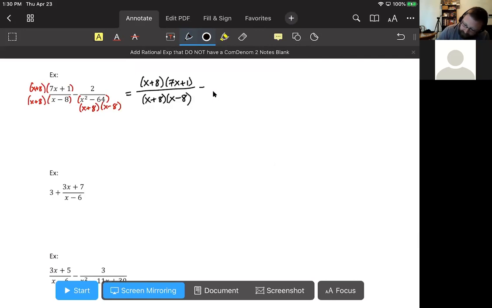And I know I'm speeding up, but part of the reason is because I've explained this part a couple times now, so we should be able to speed through it a little bit. Then we are going to multiply out the numerators.